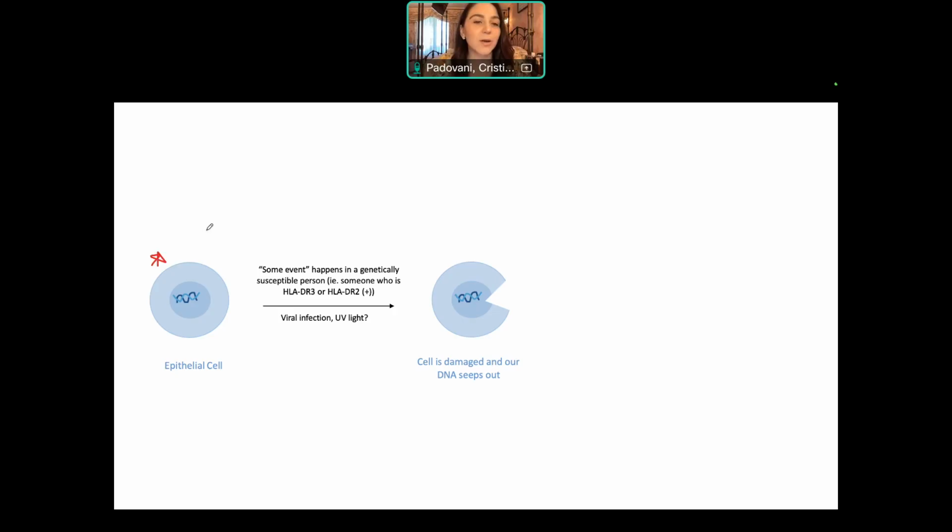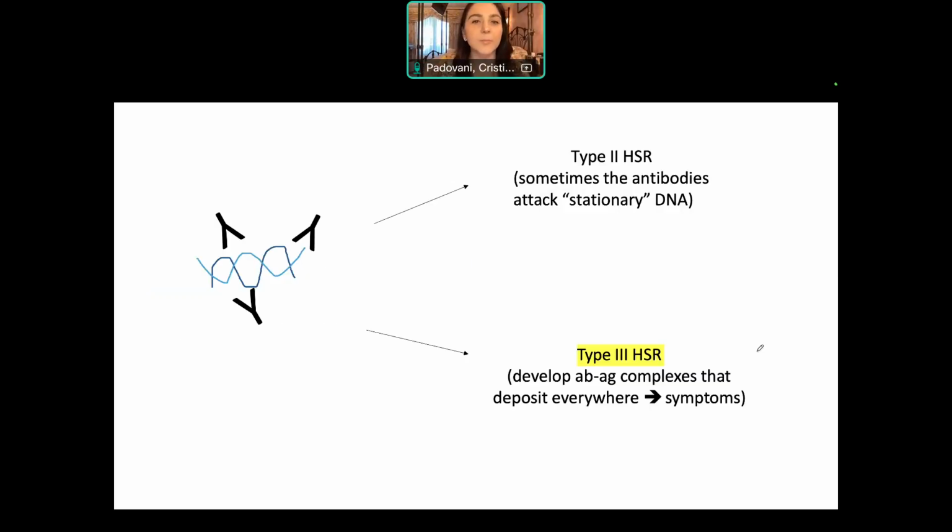This trigger could be a viral infection, it could be UV light, something like that. This is going to damage the cell, and then your DNA can seep out. From here, an antigen presenting cell will recognize this DNA as foreign, so it's kind of being looked at as a PAMP. Again, we don't know why this happens. We don't know why in some people the antigen presenting cells recognize their DNA as foreign. But regardless, you then make an immune reaction against your own DNA.